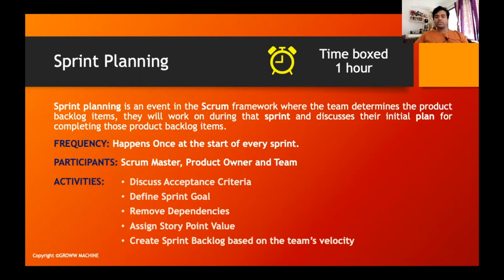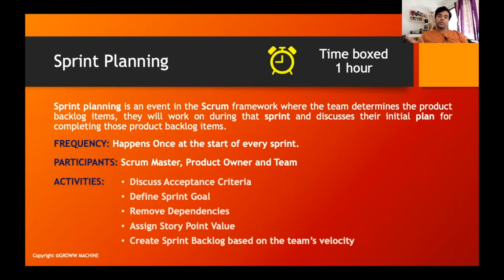As you can see on the slide, the activities usually conducted as part of sprint planning start with discussing the acceptance criteria. When you write a user story, there are certain acceptance criteria defined for each user story, which means that the user story will be marked as completed only when we are meeting those acceptance criteria. Those are discussed as part of the sprint planning.